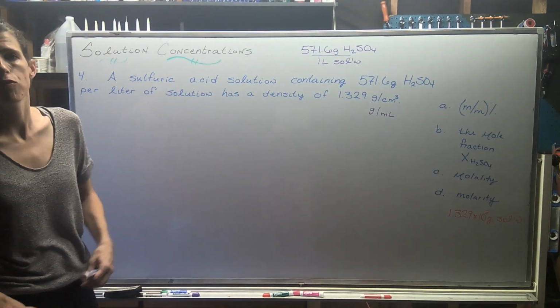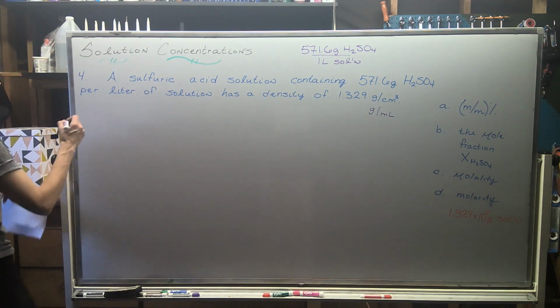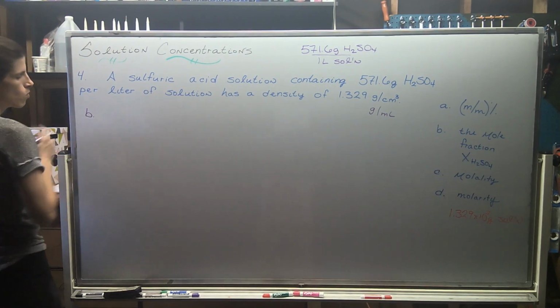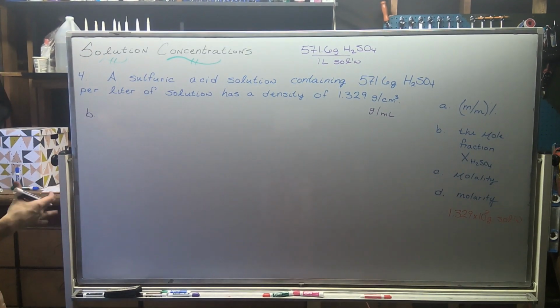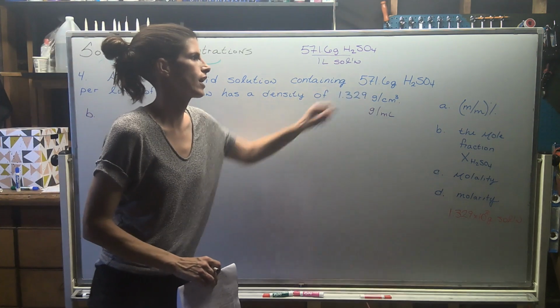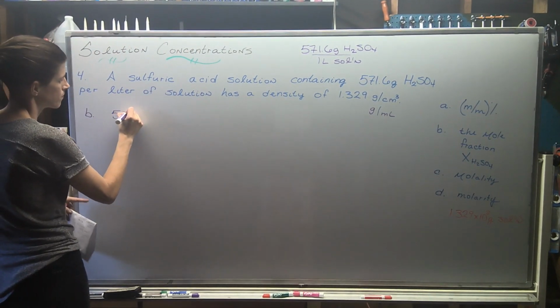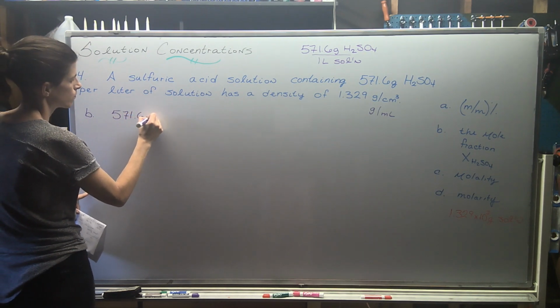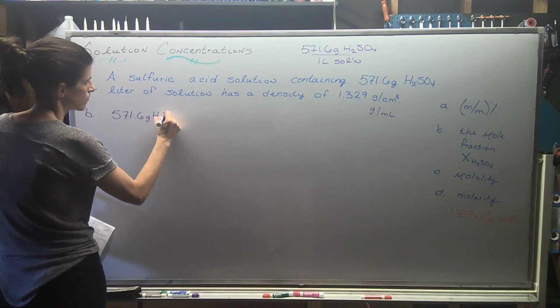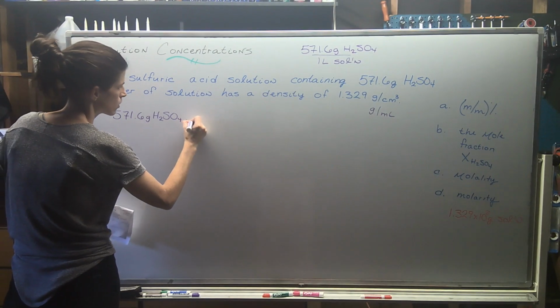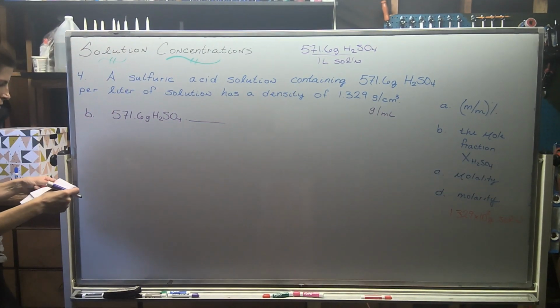Let's calculate the mole fraction of sulfuric acid. We already know the moles of sulfuric acid, or we can calculate the moles of sulfuric acid from the grams of sulfuric acid. Let's do that actually. And that's going to go in our numerator once we get that answer.